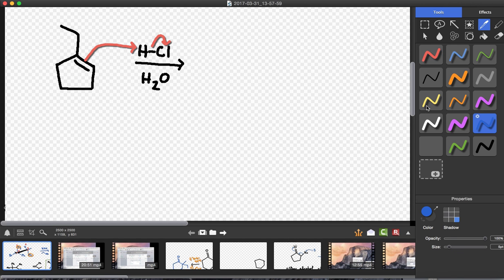And so the intermediate after this first step, and we want to label this first step as a proton transfer, we're going to have the tertiary carbocation as our most stable intermediate.